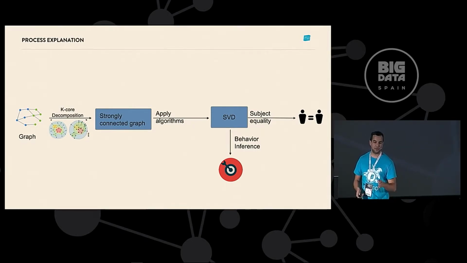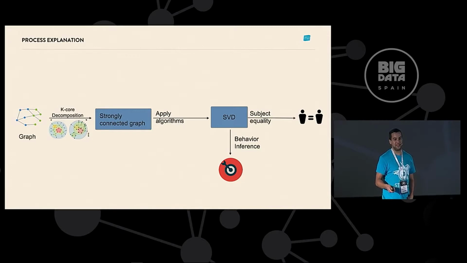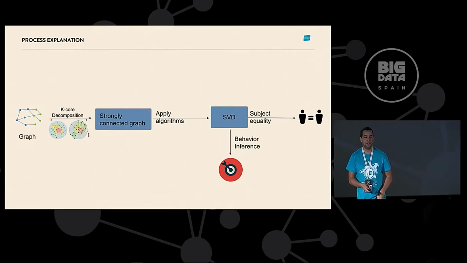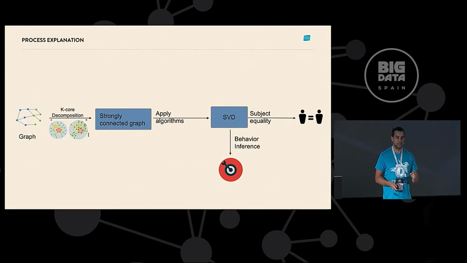Subject equality, for example, if we want to know who is the subject most similar to Cristiano Ronaldo in this knowledge database, we will try to infer who is the sportsman most similar to him based on the relationships of this Google graph database. And we will try to infer the behavior inference. We will try to know more things, or possible new relationships, for Cristiano Ronaldo.